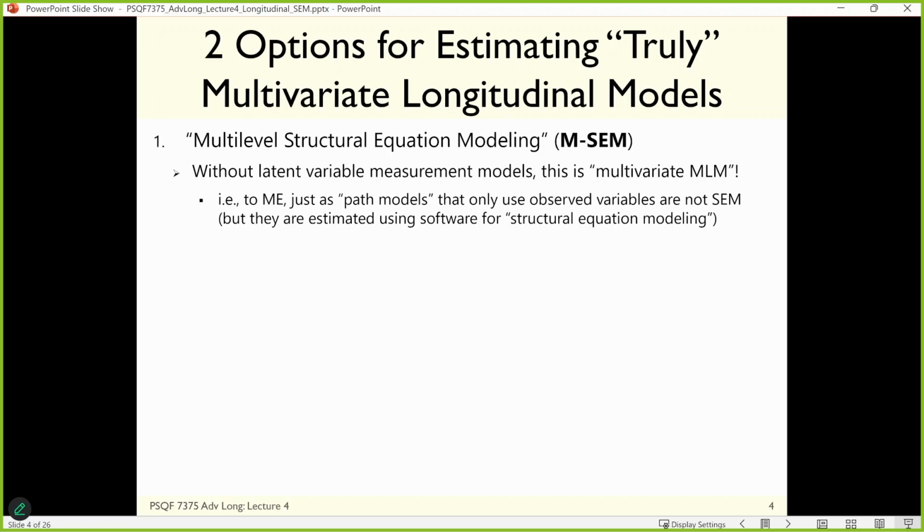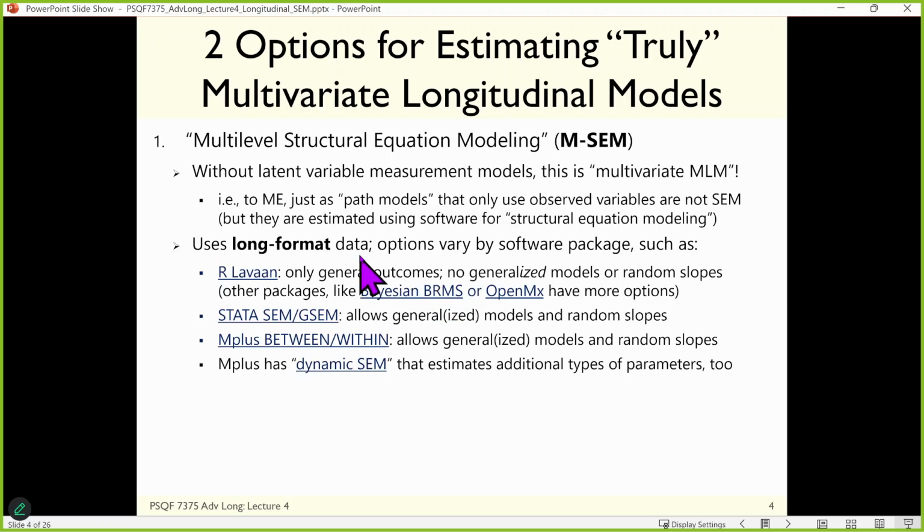The reason people call it that is because random effects are latent variables. So just having the software estimate a random intercept and a residual, technically those are latent, and that's where we can get into the world of SEM as a title for this. So MSEM is essentially what we already know as multilevel modeling, but happening for multiple different outcomes at the same time, so that you can then examine the connections across them at each level.